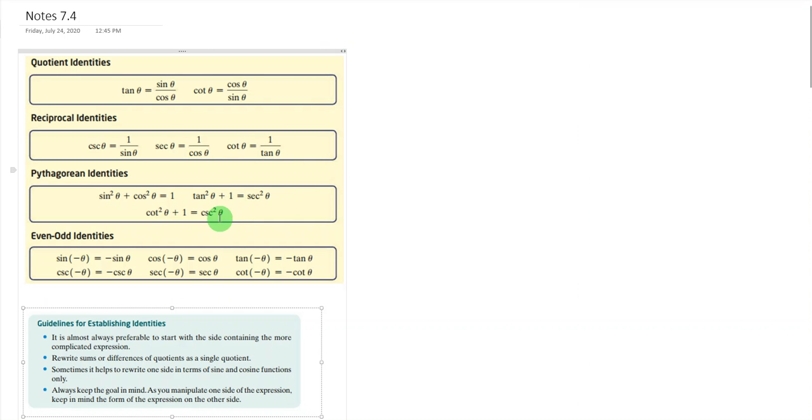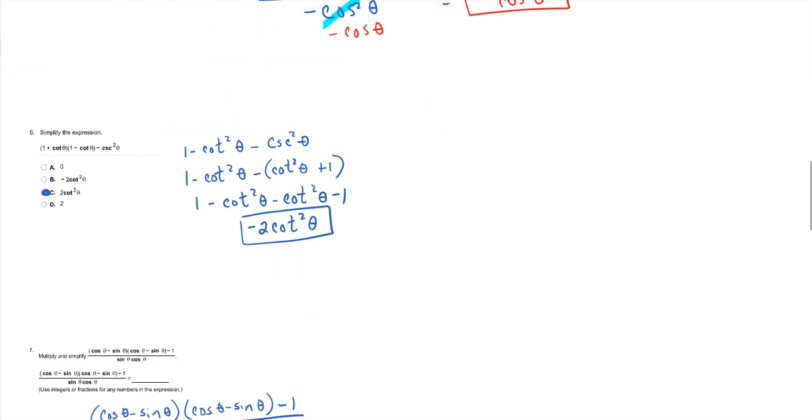Cosecant squared theta is equal to cotan squared theta plus 1. So I'm going to substitute that in there, but I have a minus. When it comes out of the parentheses, I now have minus cotan squared theta minus 1. The 1's cancel each other out, and I'm left with -2 cotan squared theta.